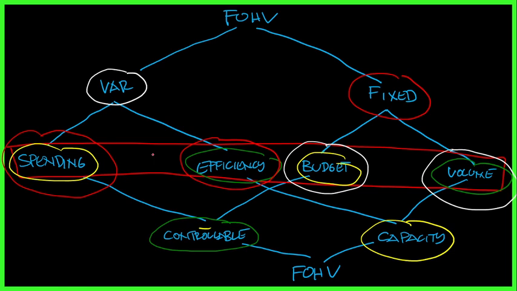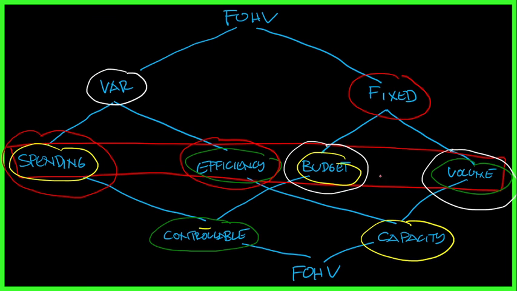That's why most of the time for decision making and performance evaluation, instead of using three-way, from two-way we go directly to four-way. So from controllable and capacity, you go directly to spending and efficiency, budget and volume. Or from variable and fixed variances, you divide them into spending and efficiency, and then this one you divide into budget and volume variance.